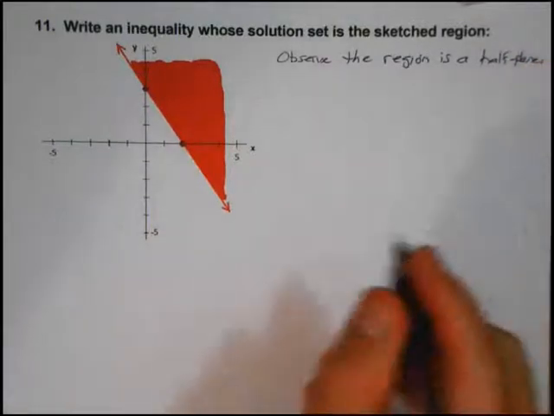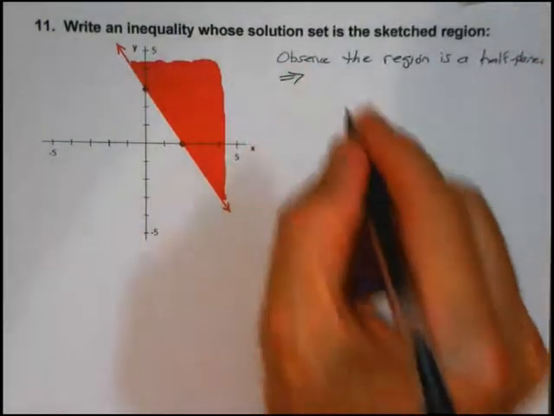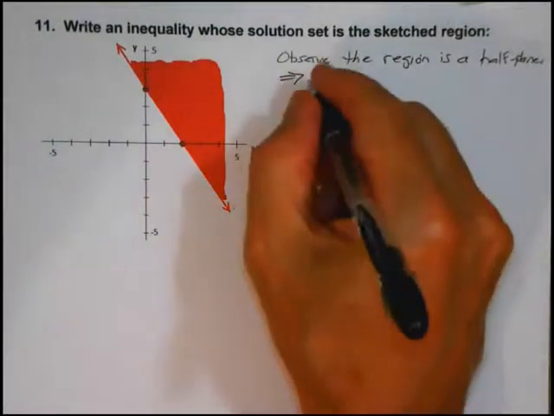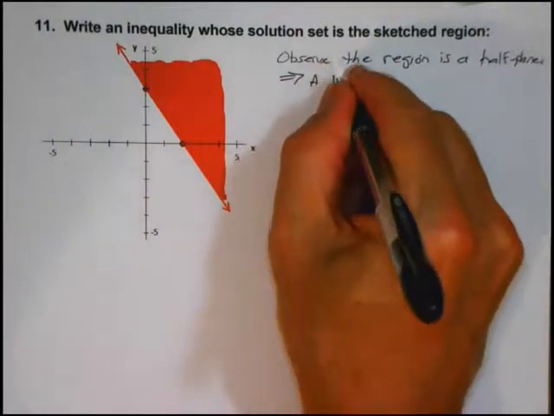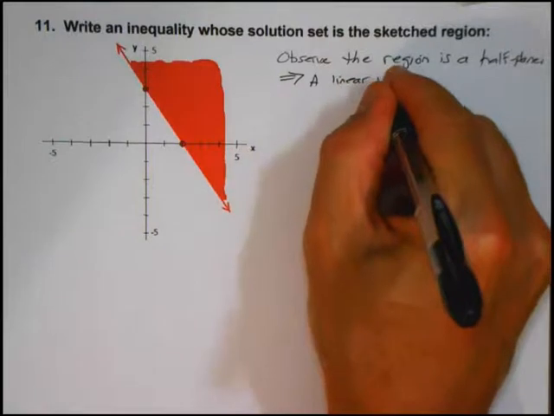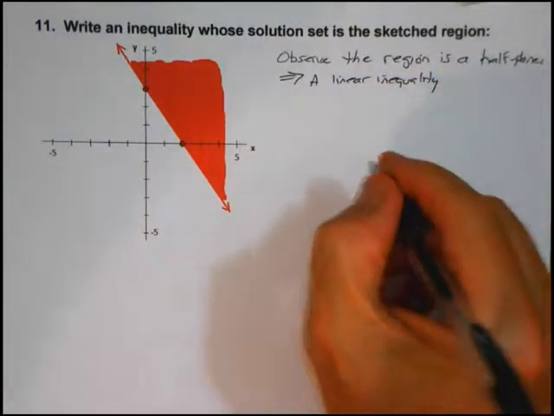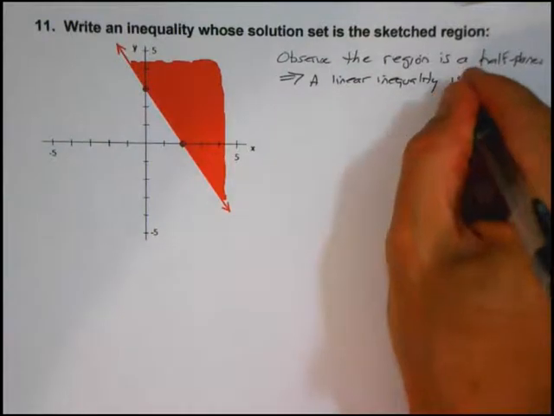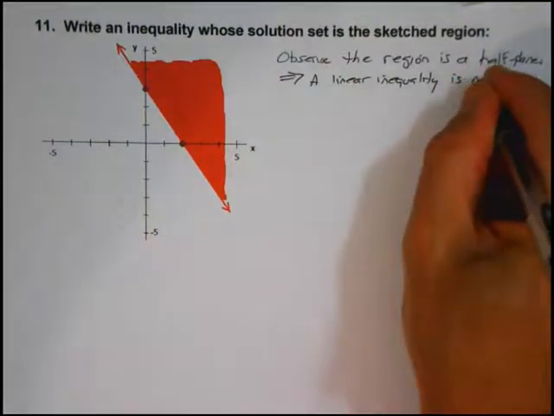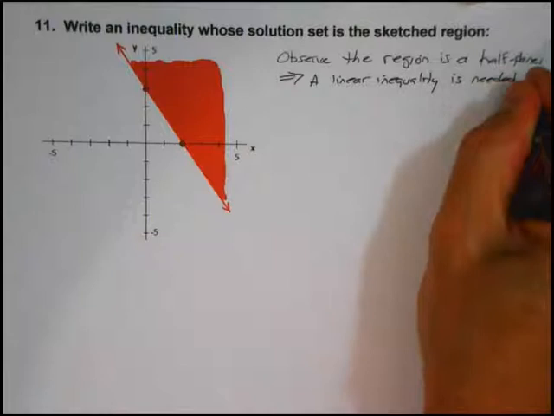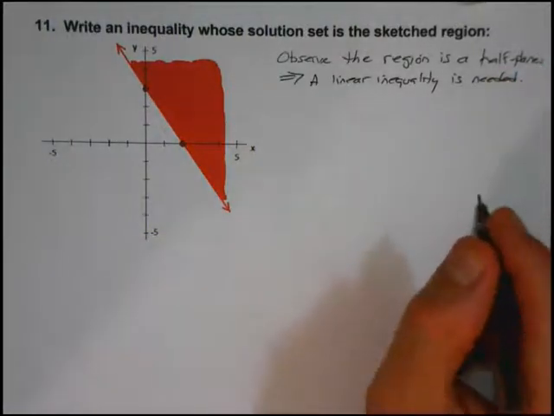Now, if we've done that, this implies that a linear inequality will work. A linear inequality is needed.